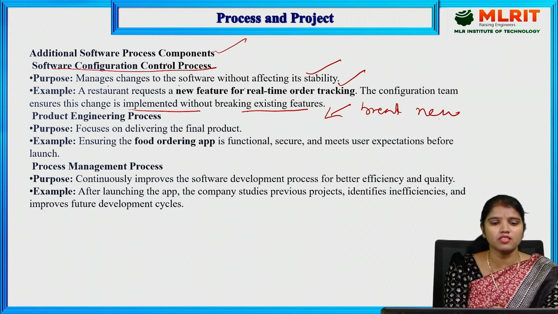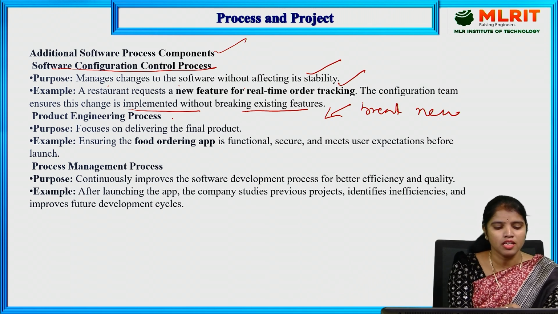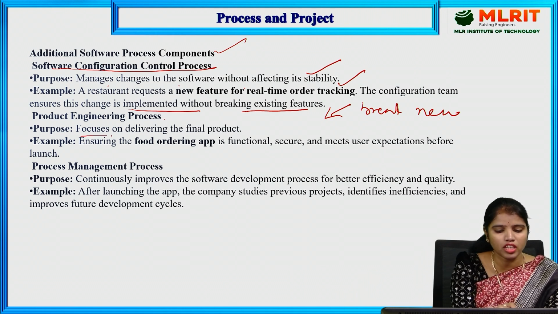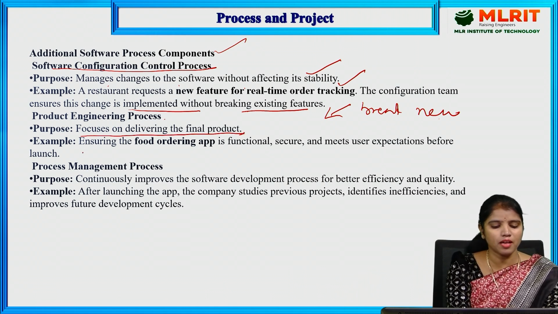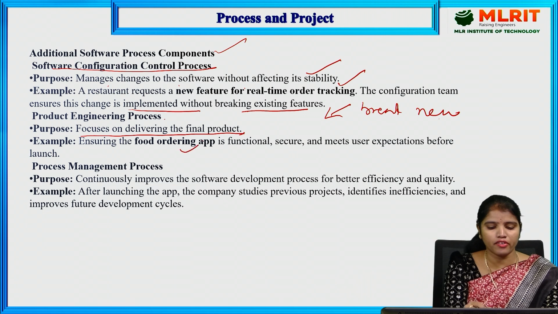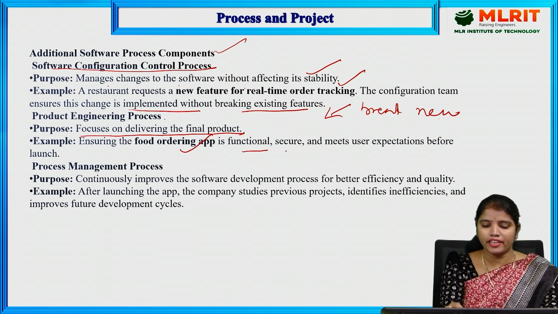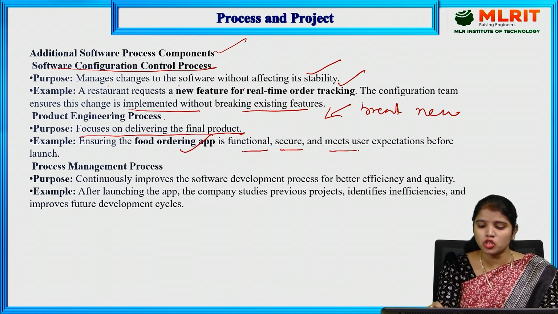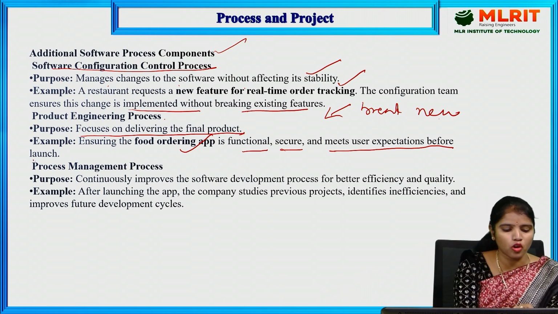Now let us discuss what the product engineering process is. Its purpose is focusing on delivering the final product. For example, ensuring the food ordering app is functional, secure and meets user expectations before launch.